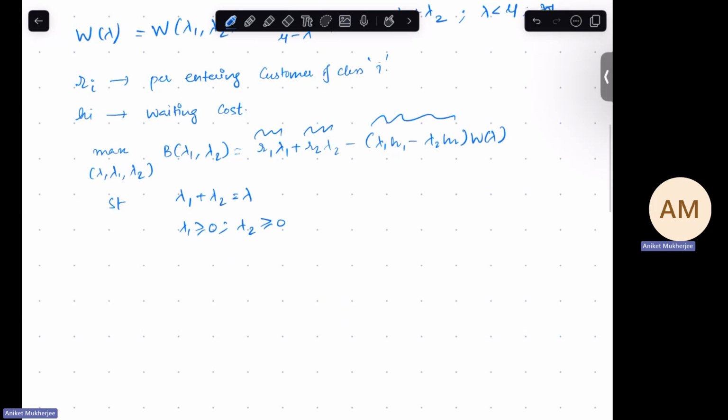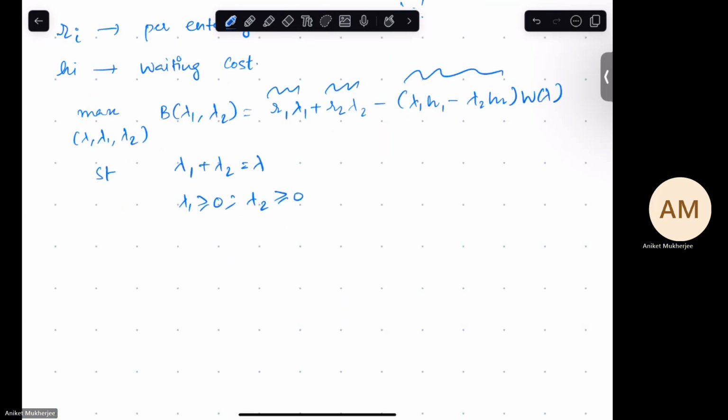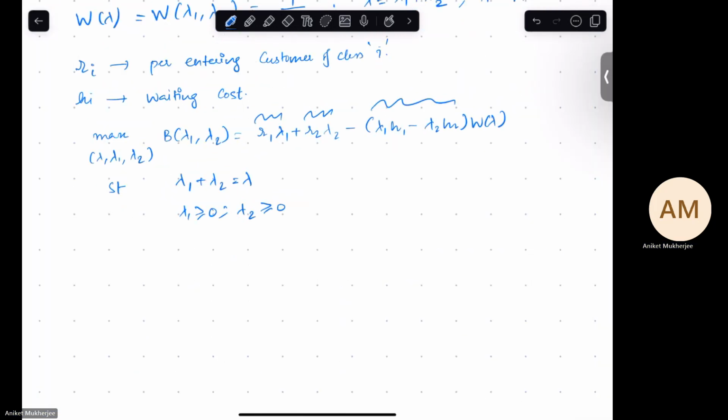Similarly, as we have seen in the single class model, if all rewards and costs are given to the customer, then a solution (lambda 1s, lambda 2s) will be socially optimal.